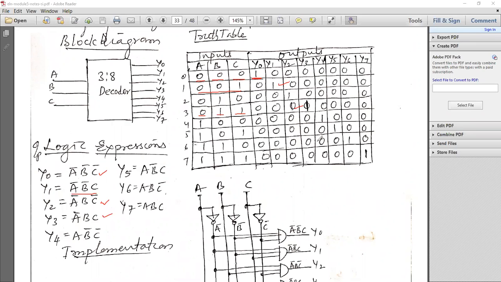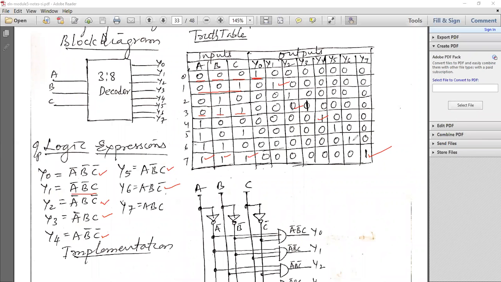Similarly, take this example for Y4, it is 4, 1, 0, 0, so the first one is A, B bar, C bar. Similarly, 1, 0, 1 is A, B bar, C. 6 is 1, 1, 0: A, B, C bar. 7 is A, B, C. That is how it came, because you can see here for Y7, all are 1: A also 1, B also 1, C also 1.